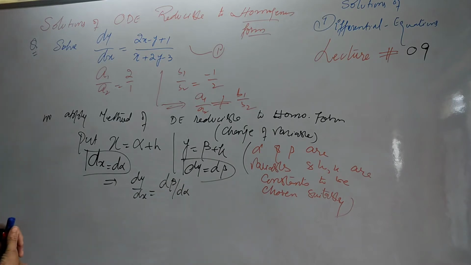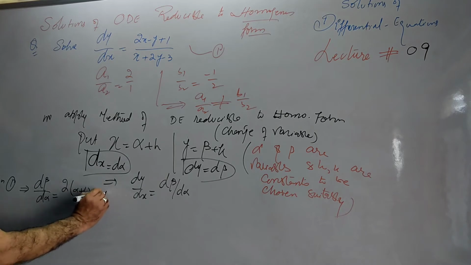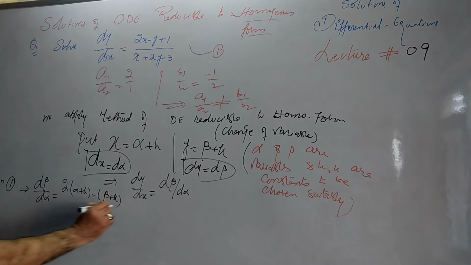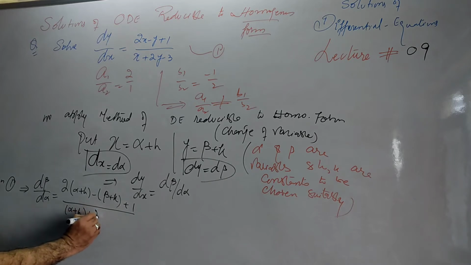Therefore, given equation number 1 reduces to d beta by d alpha is equal to 2 times alpha plus h minus beta plus k, then plus 1, over alpha plus h, then plus 2 times beta plus k, then minus 3.